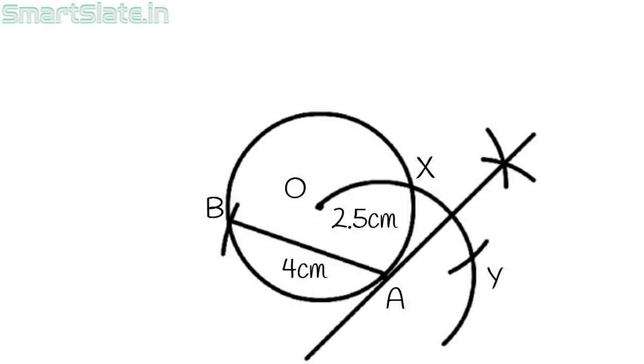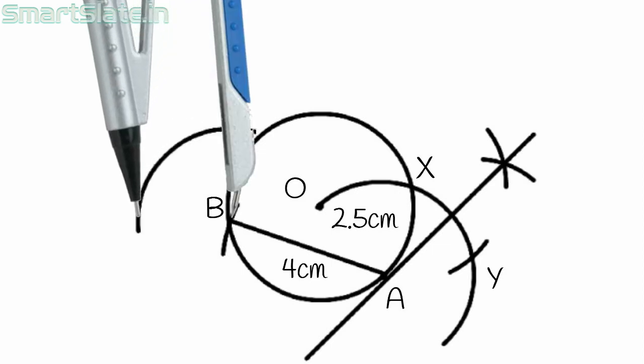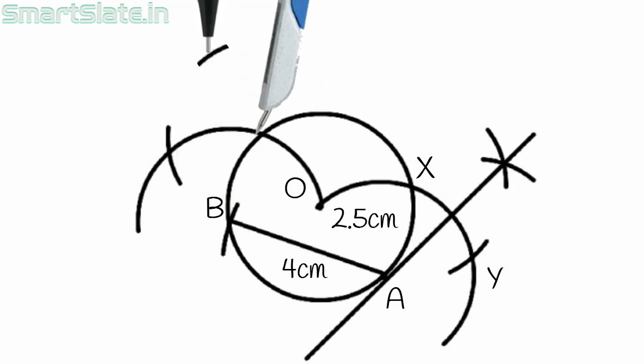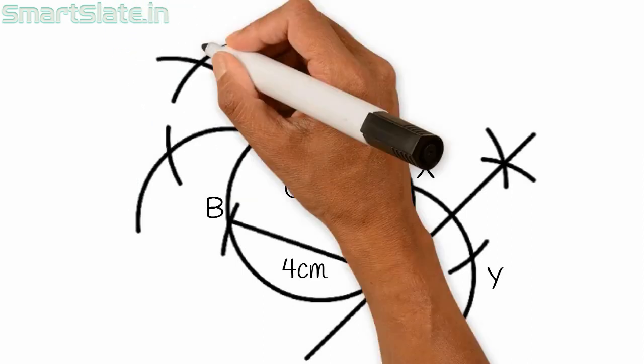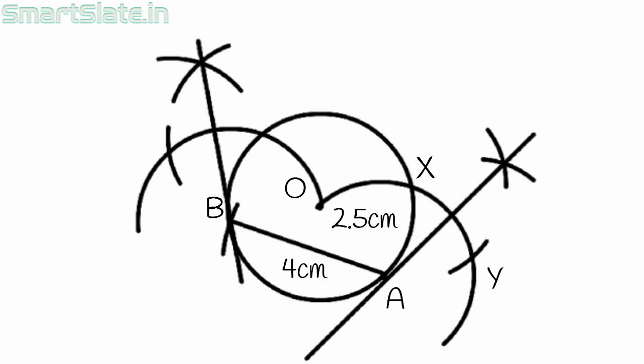We will follow same steps and draw tangent at B as well. Finally, we have arrived at the solution. We have first constructed the chord 4 cm in length in 2.5 cm radius circle, and then we have constructed the tangents at the end points of the chord.